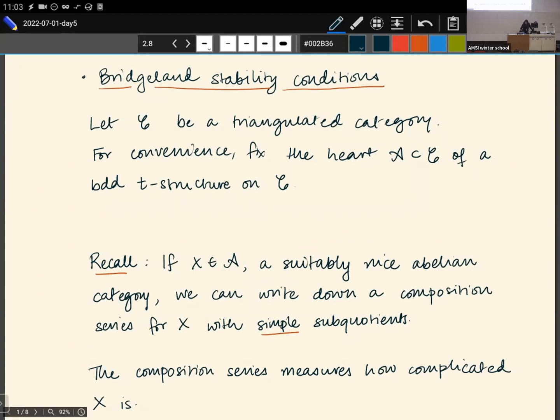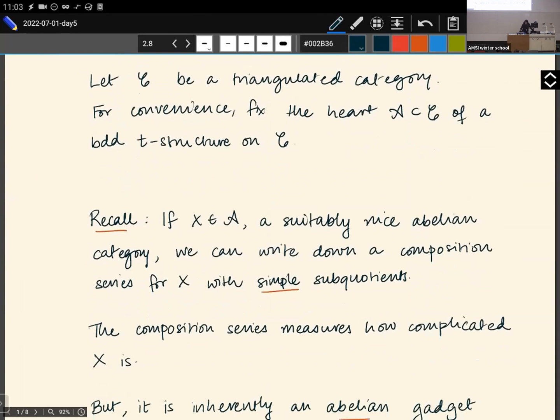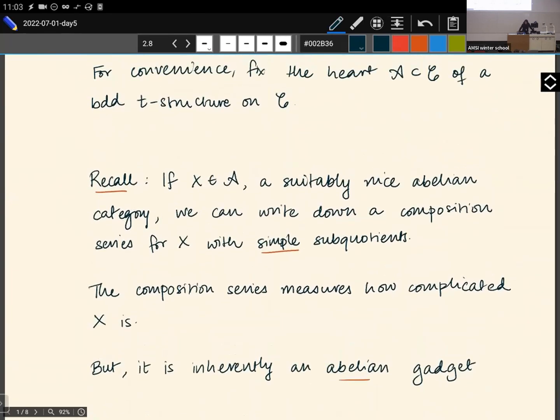This is great, but there's a slight problem with this. The slight problem is that whether or not an object is simple heavily depends on the fact that your category is abelian. So if your abelian category is sitting inside of a big triangulated category, the object is simple in that abelian category. But if you change around your heart, a simple object may not remain simple. So it's not a triangulated invariant of the object.